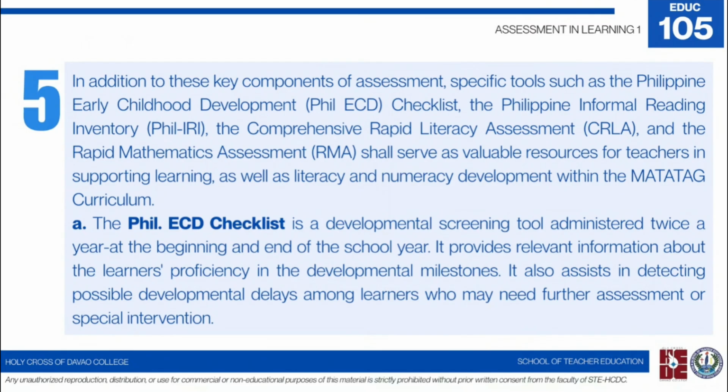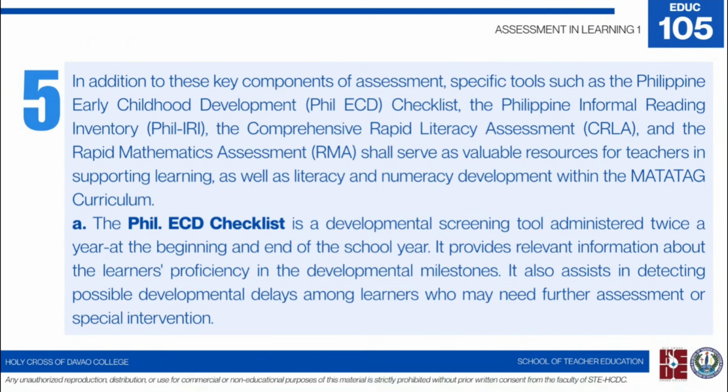The Philippine Early Childhood Development, or the PhilECD checklist, is a developmental screening tool that is administered twice a year, at the beginning and at the end of the school year. It is designed primarily for use in kindergarten and the early primary grades, where teachers need to understand not just academic readiness, but overall developmental readiness.